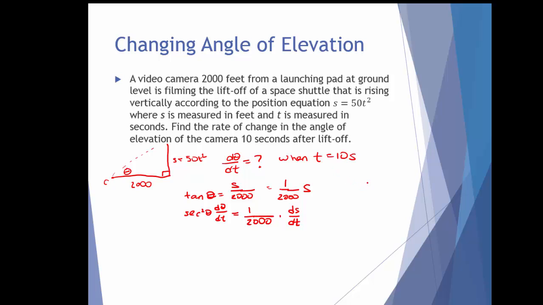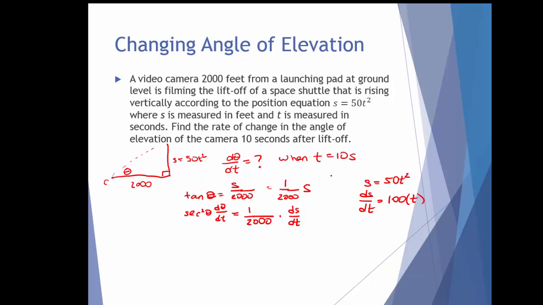So if s equals 50 times t squared, and you take the derivative of this with respect to time, that should be 100 times t. That is the derivative with respect to time, so we don't need to use implicit differentiation for that.